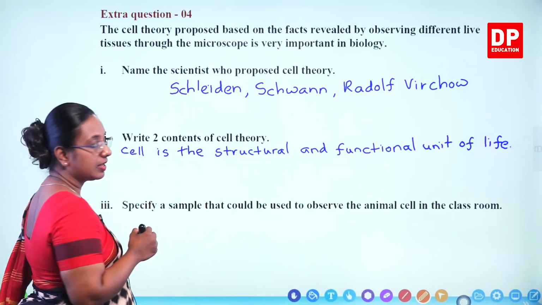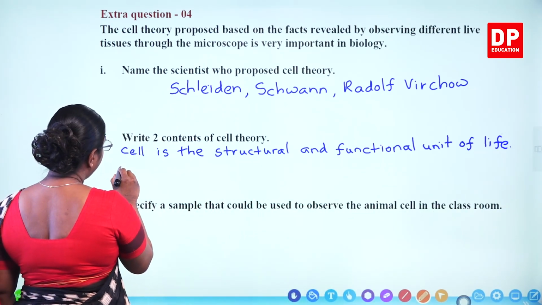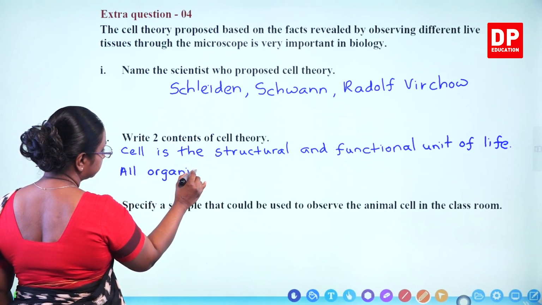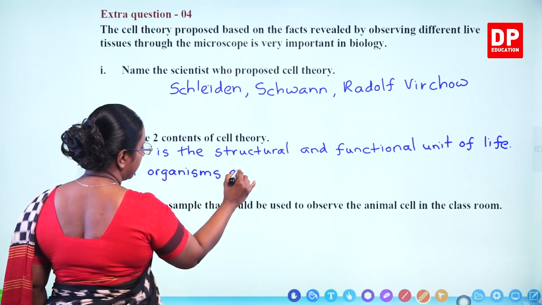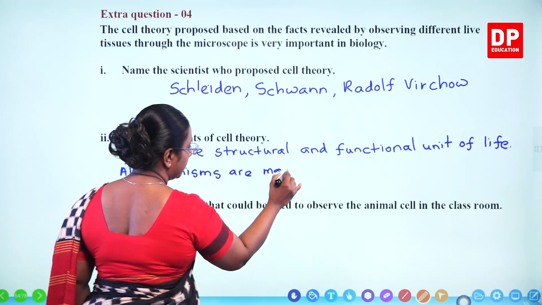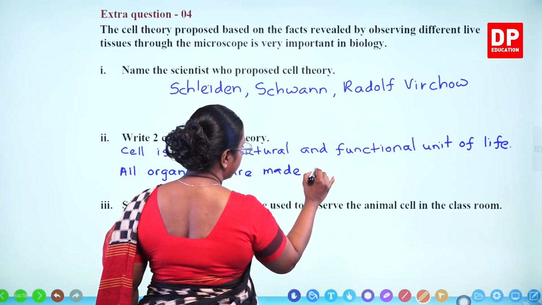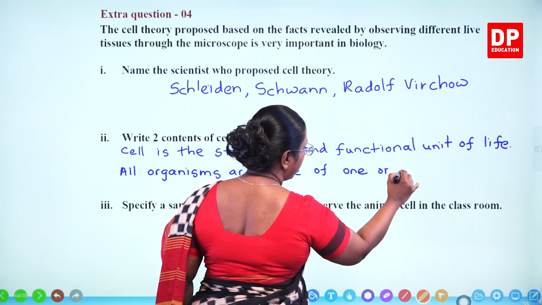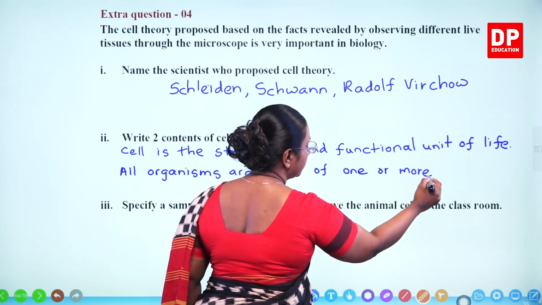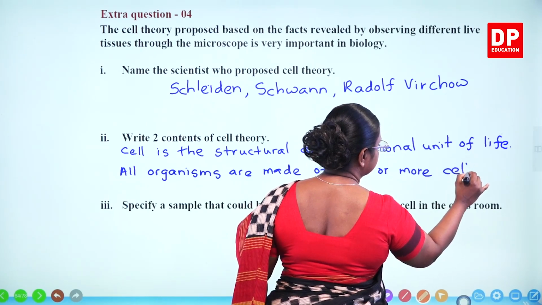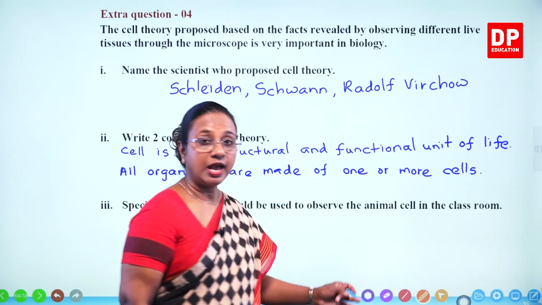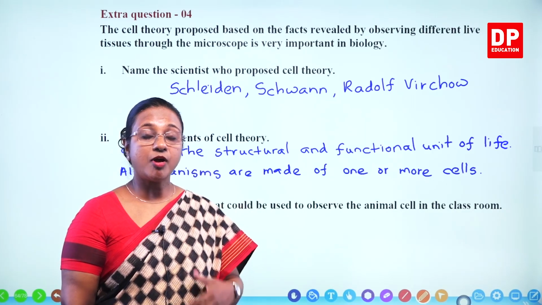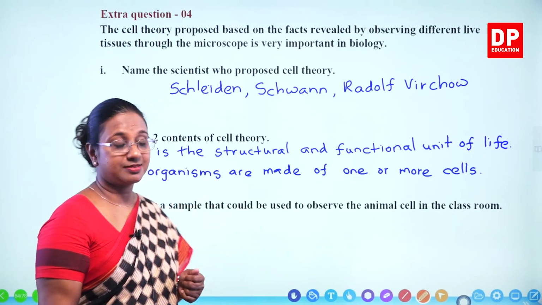And the second one, I will say all organisms are made of 1 or more cells. You can also write the third content. New cells are formed from pre-existing cells.